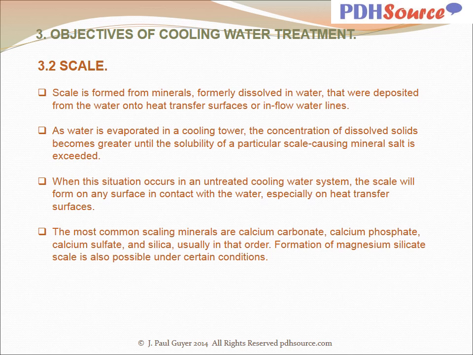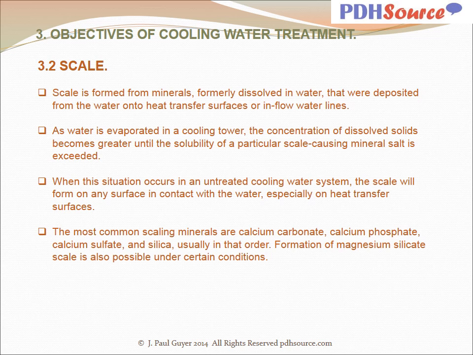Scale is formed from minerals formerly dissolved in water that were deposited from the water onto heat transfer surfaces or inflow water lines. As water is evaporated in a cooling tower, the concentration of dissolved solids becomes greater until the solubility of a particular scale-causing mineral salt is exceeded.